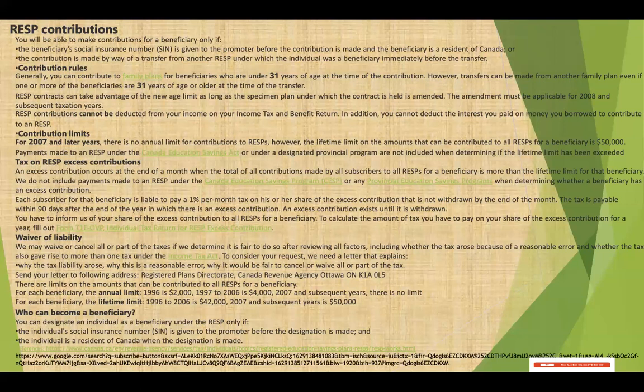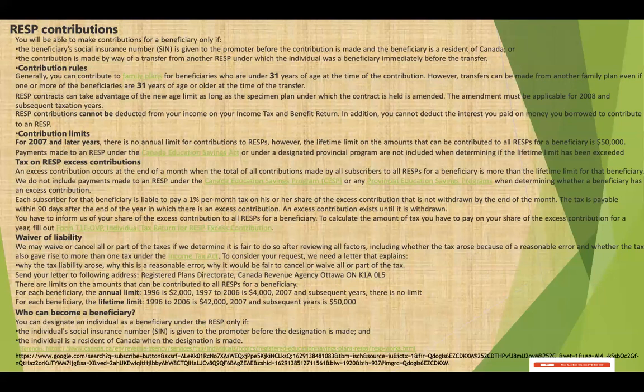So, tax on RESP excess contributions. An excess contribution occurs at the end of the month when the total of all the contributions made by all the subscribers for the beneficiary is more than the lifetime limit for the beneficiary. We do not include the payments made to an RESP under the Canada Education Savings Program.